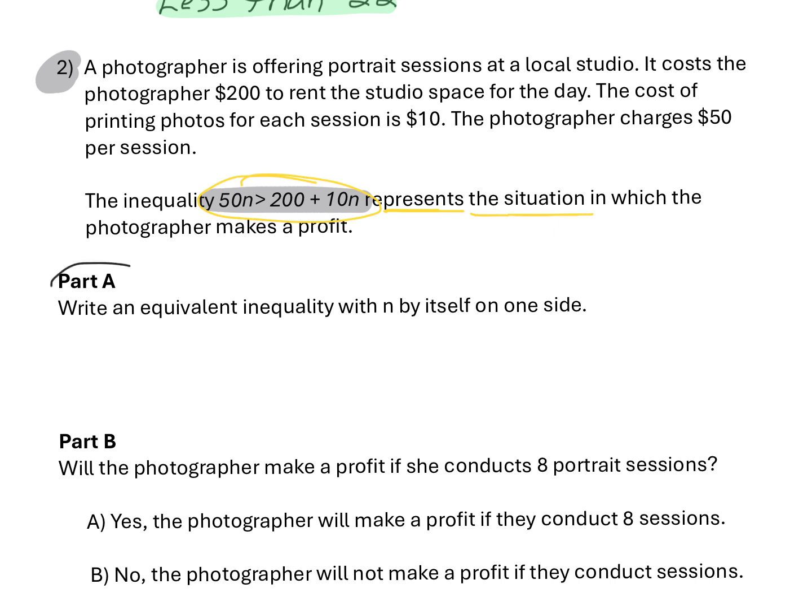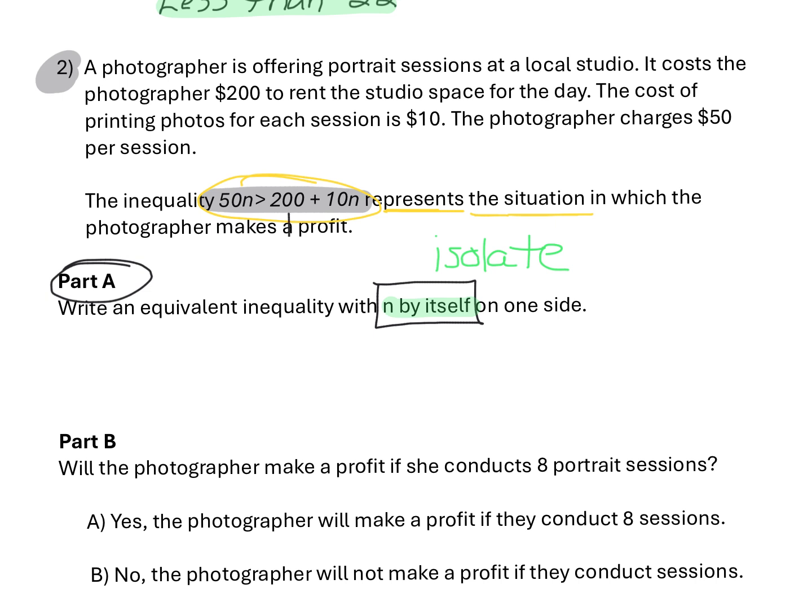And so if I look at part A and what it's asking me to do, it says get n by itself, which is just another way of saying isolate.